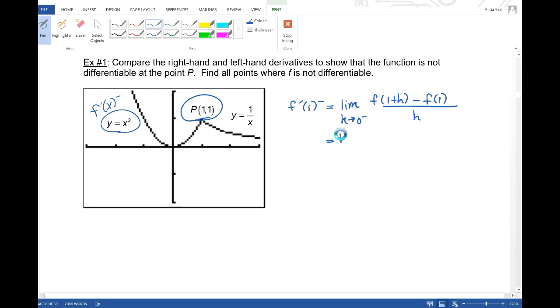So what's that look like? What happens? The ones are going to cancel, so you'll have 2h plus h squared.